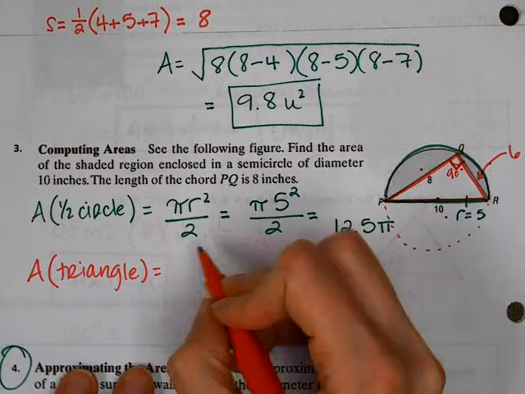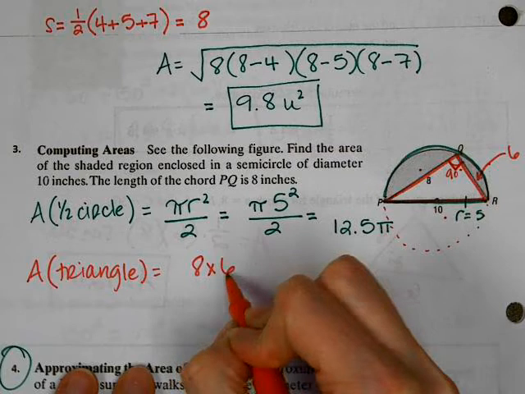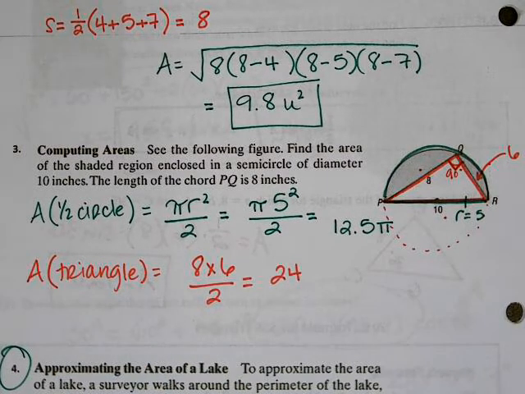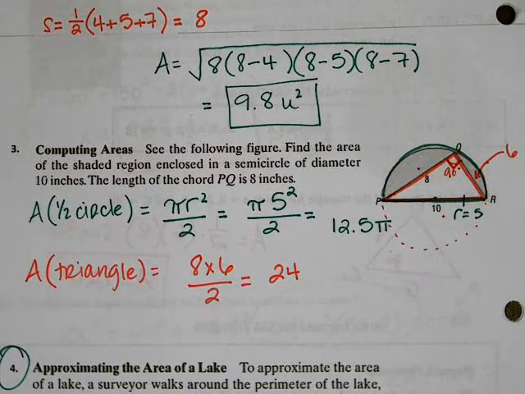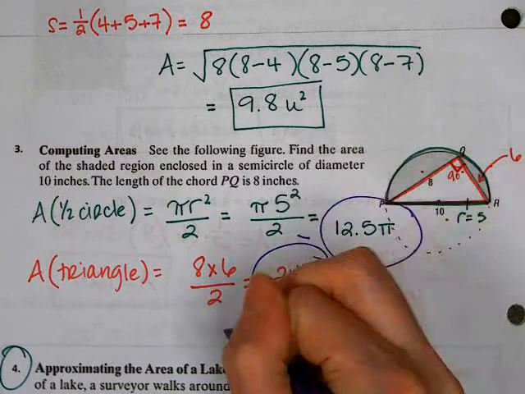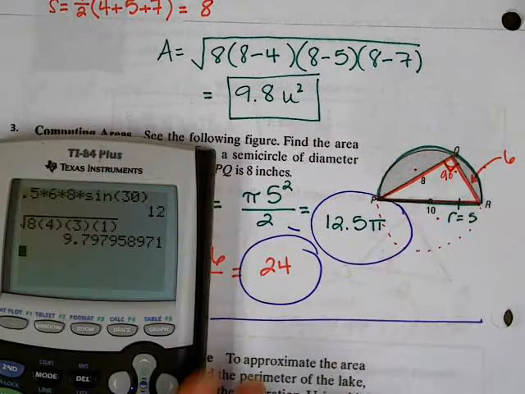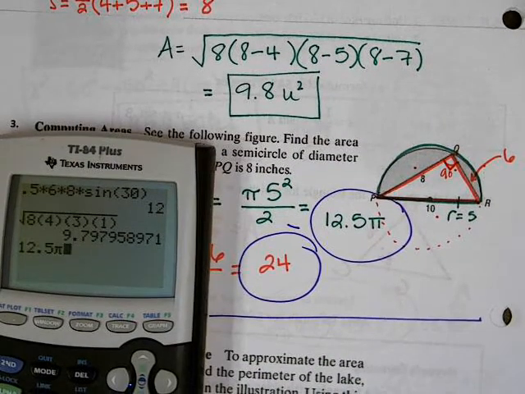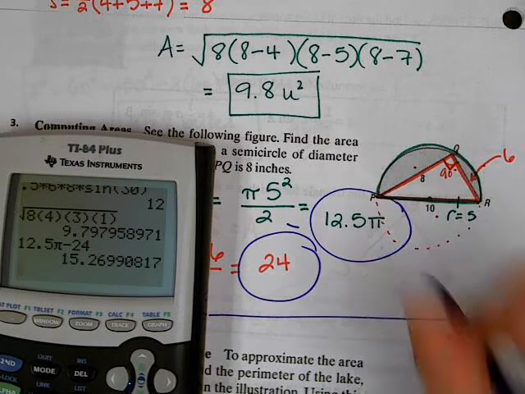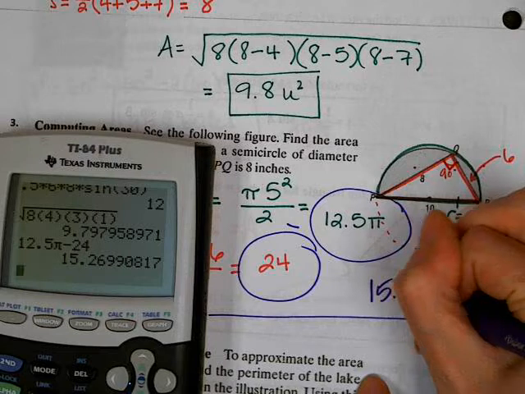So the area of the triangle is base times height divided by 2, which ends up being 24. And then we just need to subtract. So 12.5 pi minus 24, and we'll get our answer. That ends up being about 15.3 inches squared.